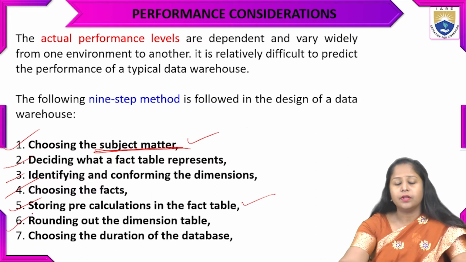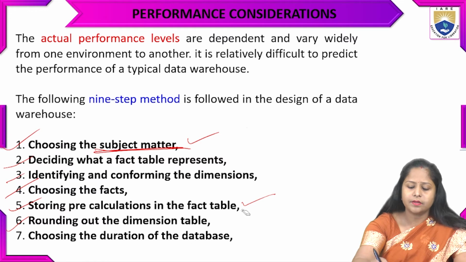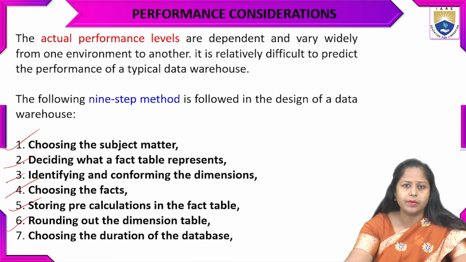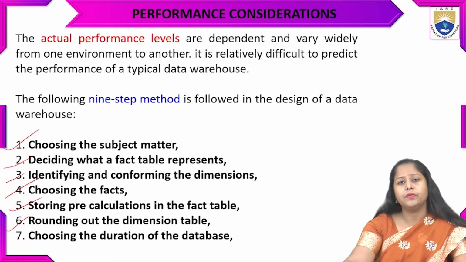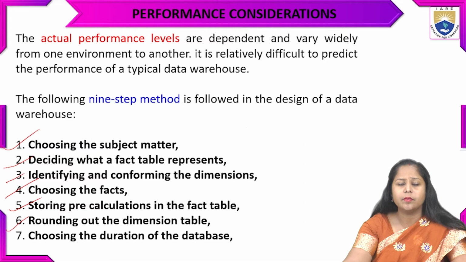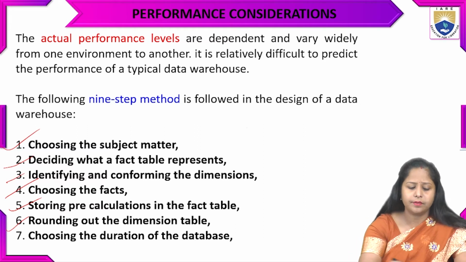So we need to calculate that before we design a data warehouse, right? We need to round out the dimension table. What does this mean? We have covered the dimension table, right? The schema has different tables, that is, the fact table and the dimension table, right? The dimension table is nothing but the data about data, right? So we need to minimize the different dimension tables in this phase.